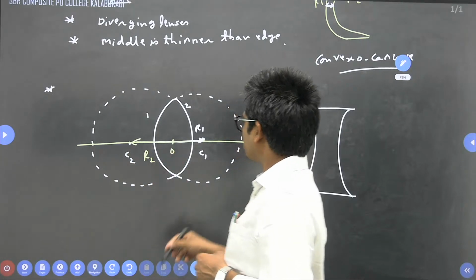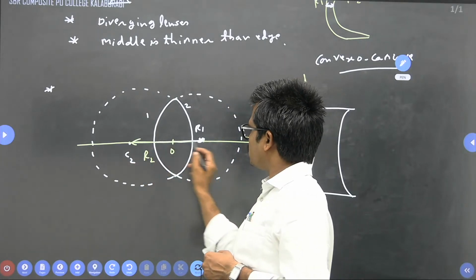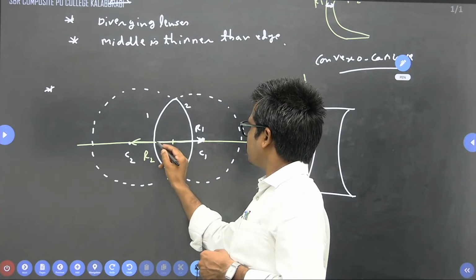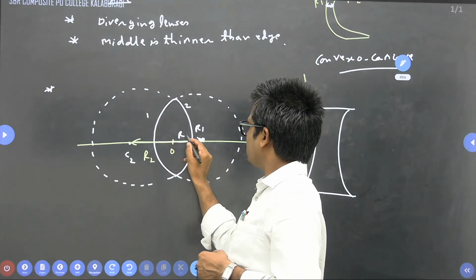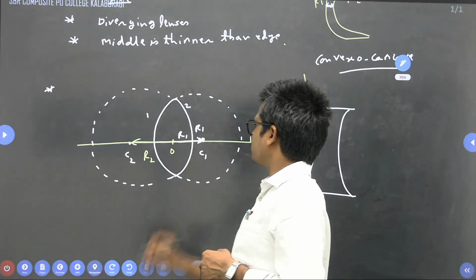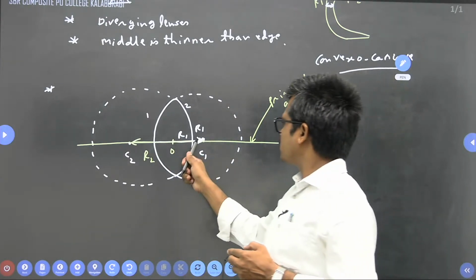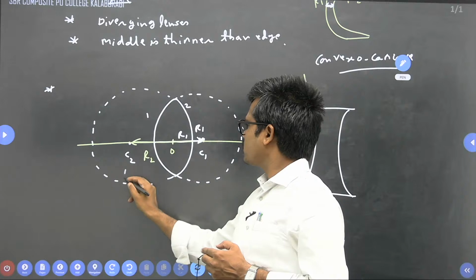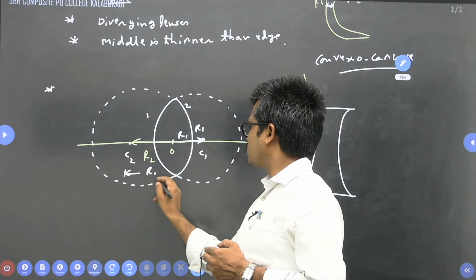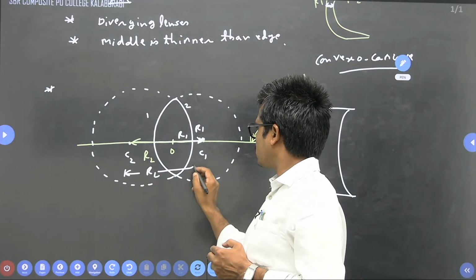This is R2. Now what is the radius of curvature of the first surface? Here to here. This is R1. Here to here is the radius of curvature of the first surface. Then here to here is R2. Okay or not?